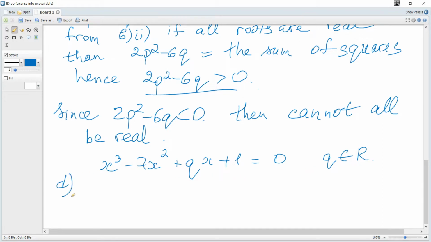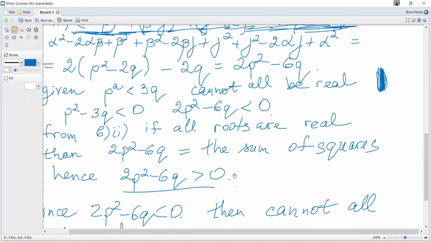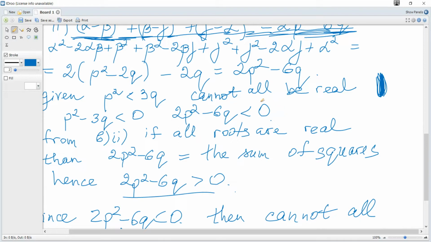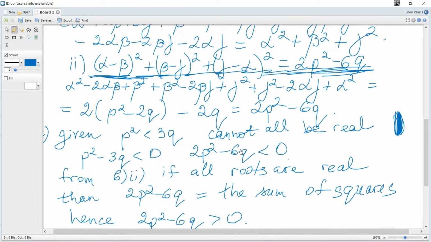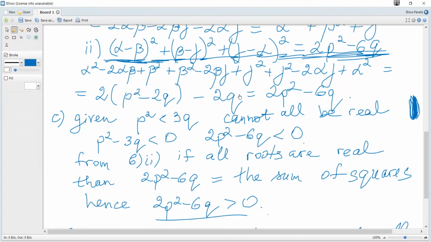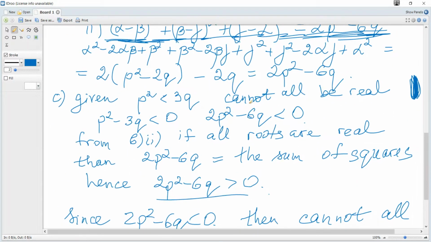D. Using the result from part C, the condition is that for all roots to be real, or actually cannot all be real, we need p squared to be less than 3q.